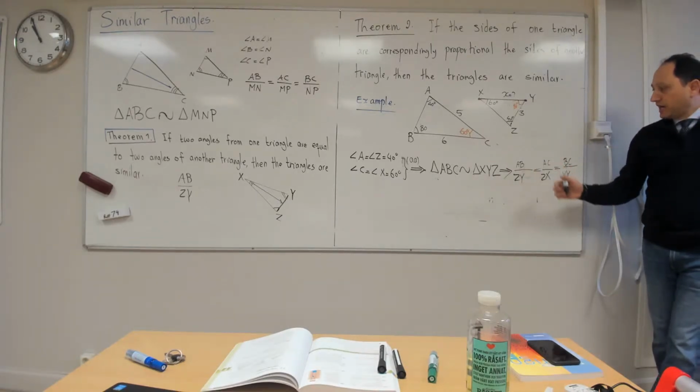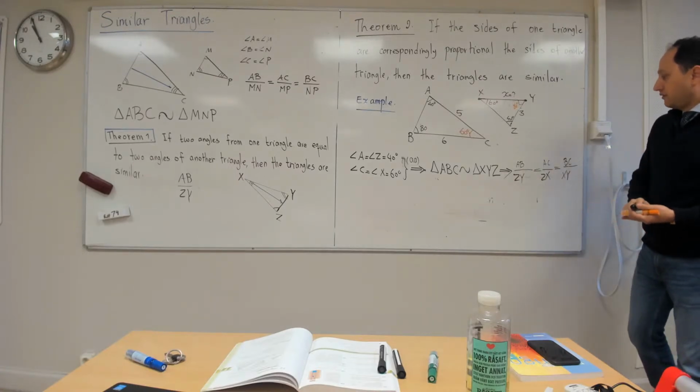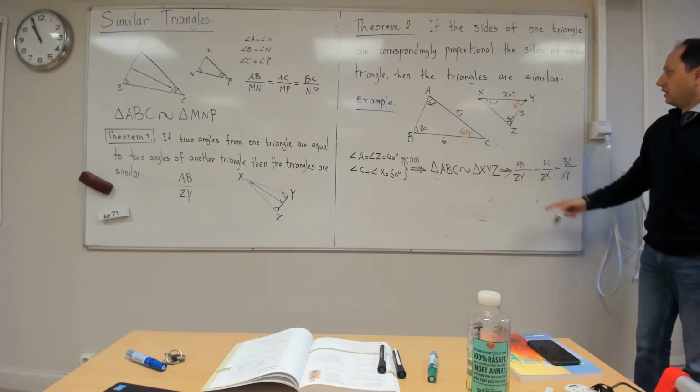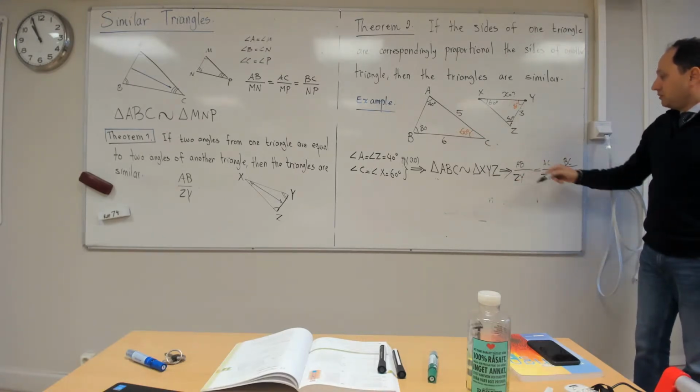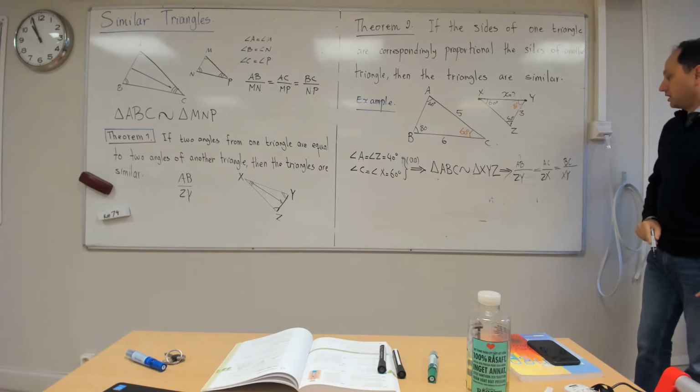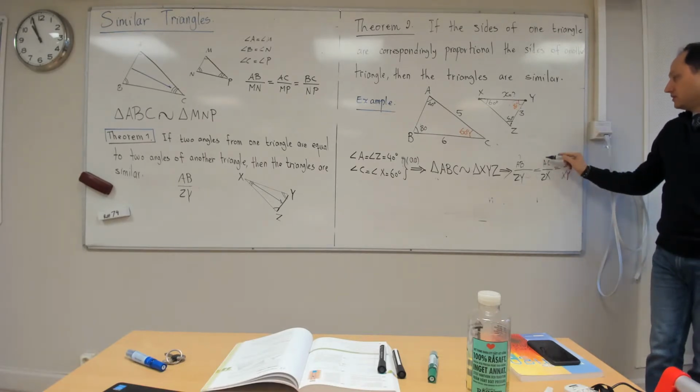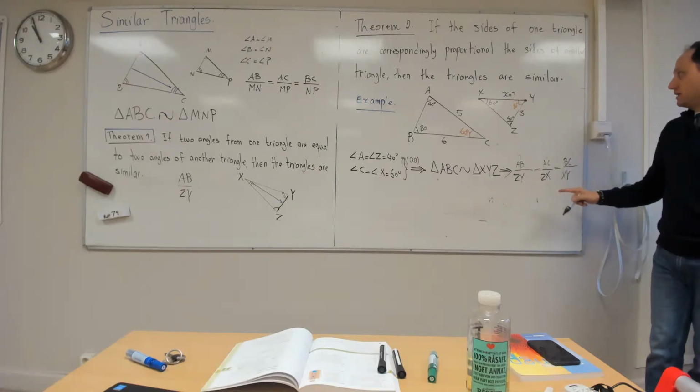So which one do we have here? Do I have AB? No, I don't have AB. ZY? Yes, I have it, but AB is missing, so there is a question mark here. What do I have here? AC, I have it. Yeah, that's good. What about ZX? I don't have it.